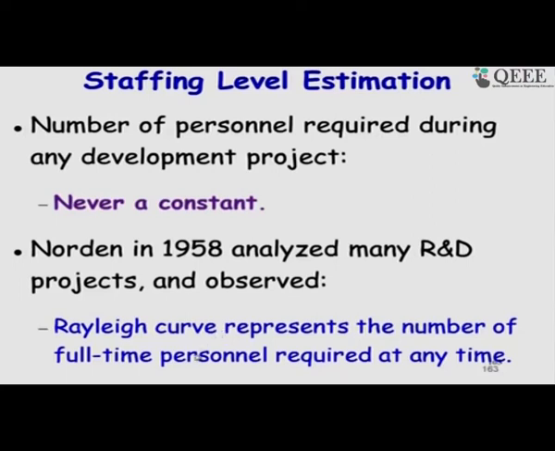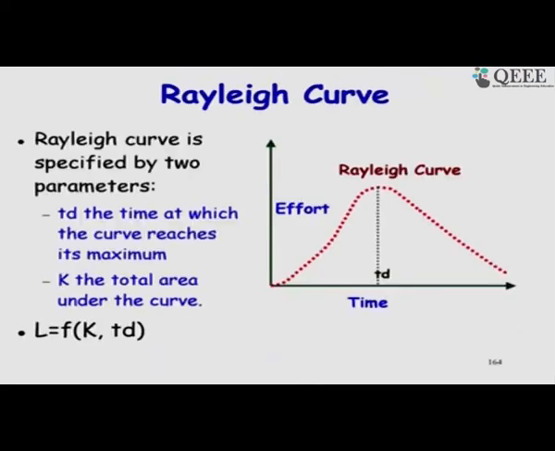If we employ persons not according to a Rayleigh distribution, but constant, then we will be wasting effort. That was his observation, a very old result. So, the Rayleigh curve looks like this. We will see the actual equation for this.